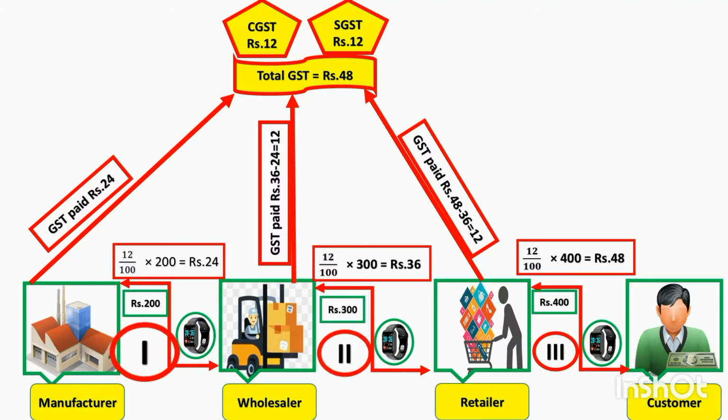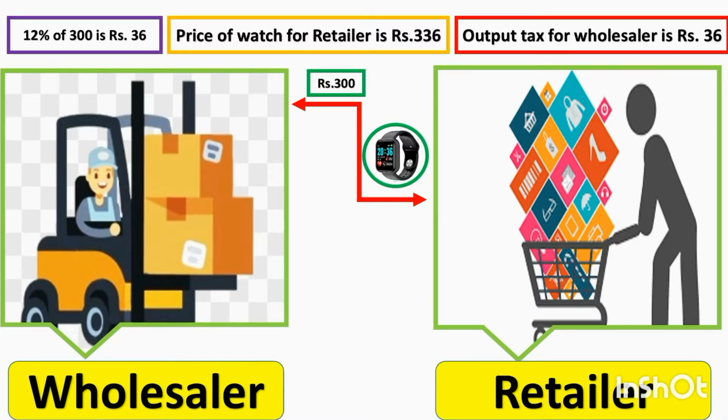In the first trading, while purchasing the watch, the wholesaler paid 24 rupees more and that is called his input tax, and he collects 36 rupees more from the retailer while selling it and that is called his output tax.